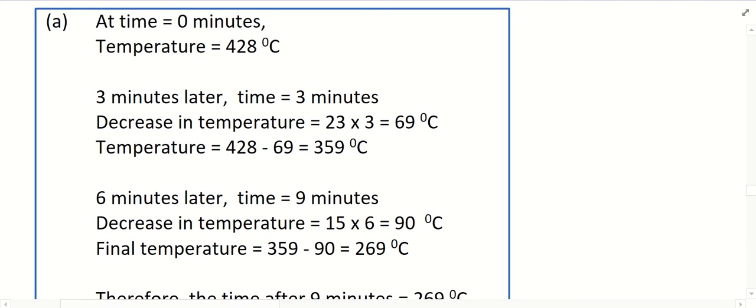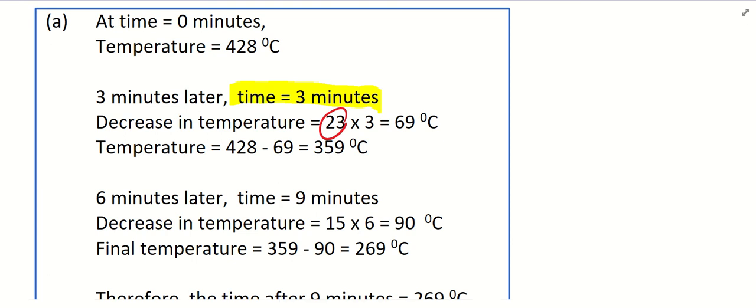3 minutes later, time equals to 3 minutes. What is the decrease in temperature? Well, at the rate of 23 degrees Celsius per minute, the drop in temperature, I'll take the rate times the number of minutes. 23 times 3 gives me 69 degrees Celsius.